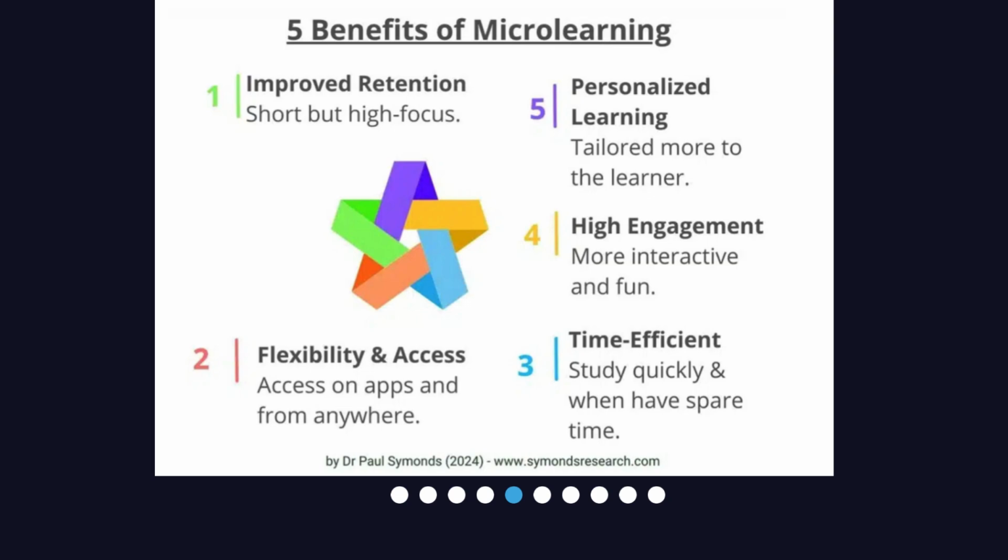Second point, flexibility and accessibility. A massive benefit for a lot of people with microlearning is the flexibility in terms of where you can access the training. Microlearning really makes learning and development something that is far more accessible to more of us worldwide, and learning a language such as maybe Italian or French, for example, is now so much easier no matter where you live or what your budget is.